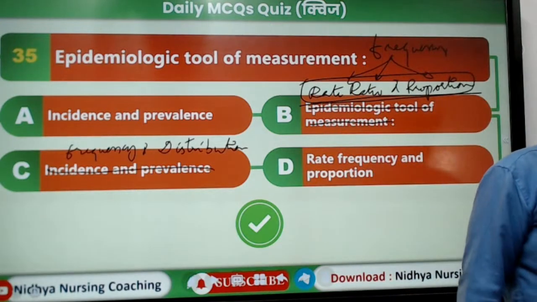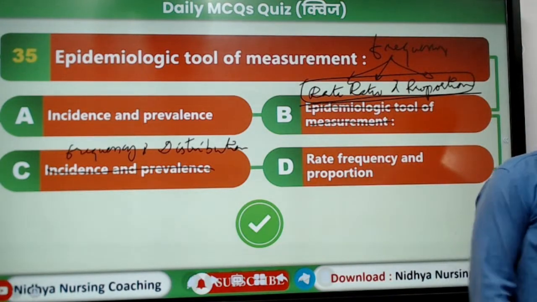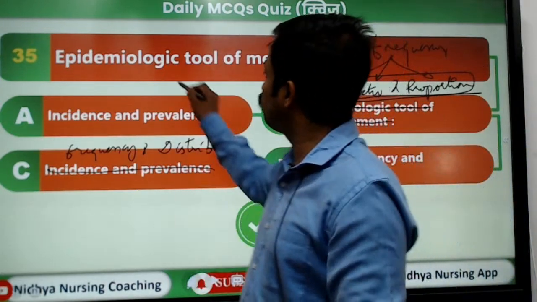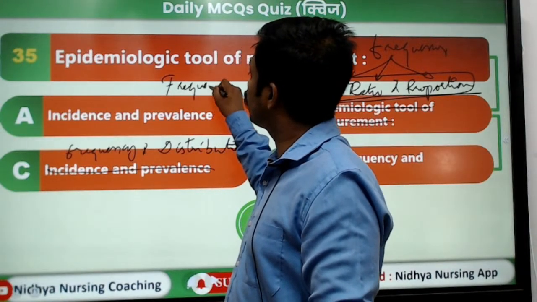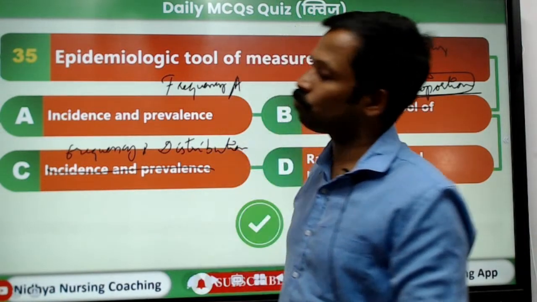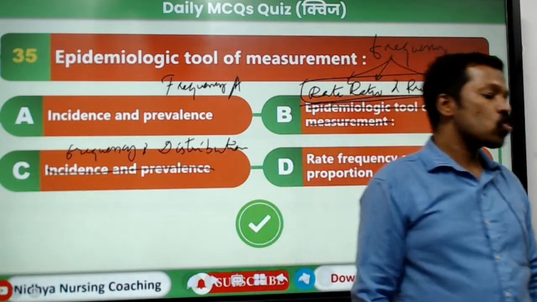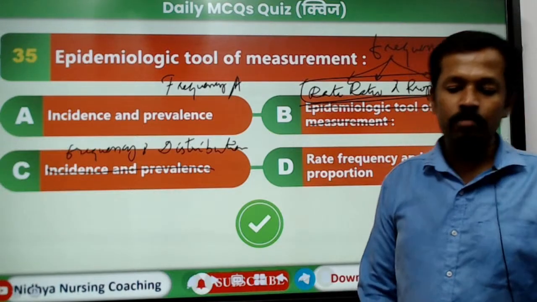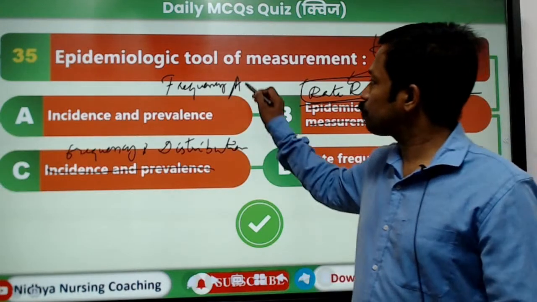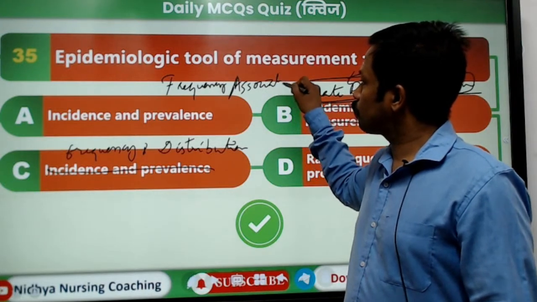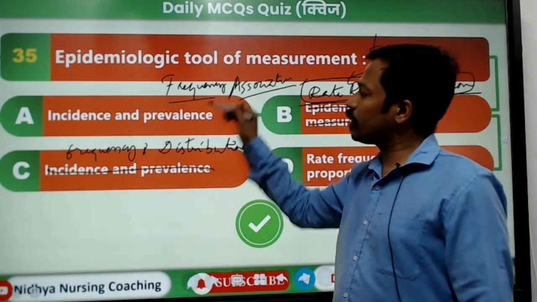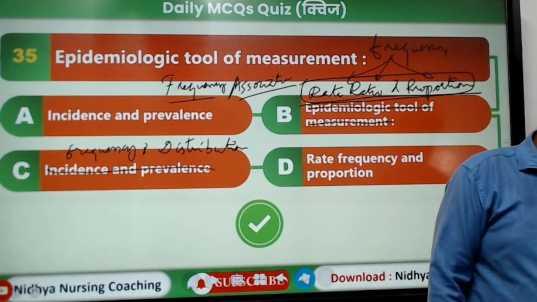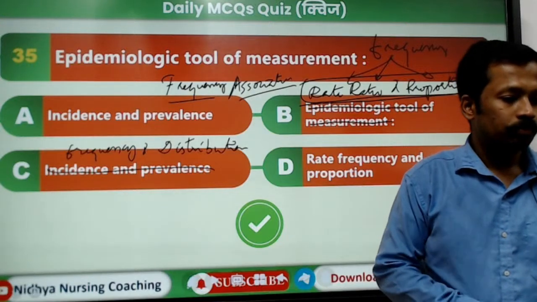Epidemiological tools: frequency, association, and potential impact.